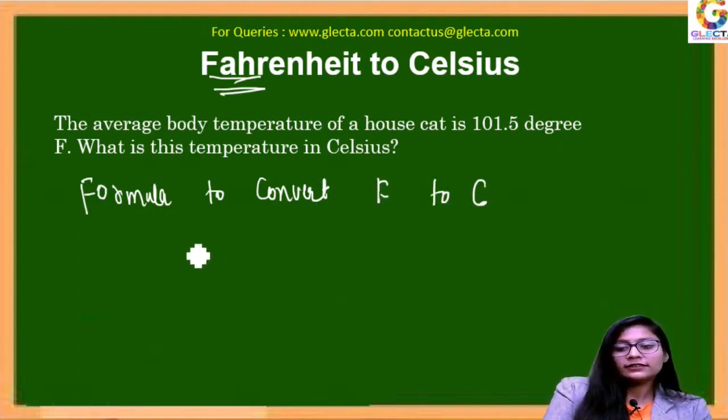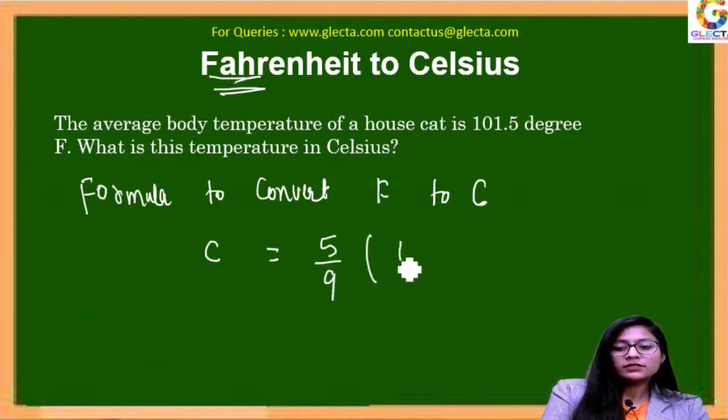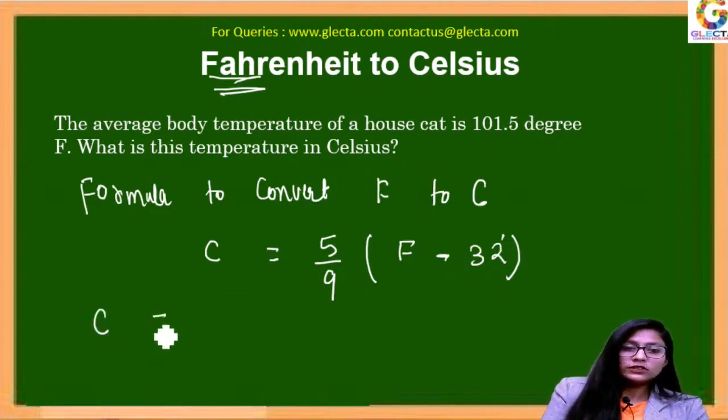The formula for that is C, which means Celsius, equals 5 by 9 times F, which is Fahrenheit, minus 32 degrees.